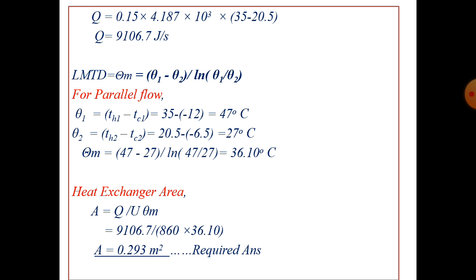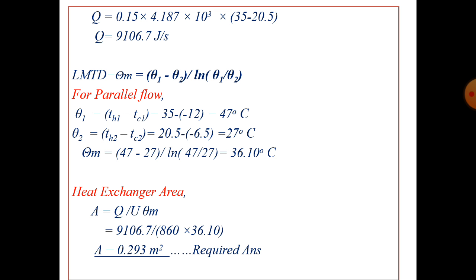Now we need to find theta m in order to get the area A. For theta m, we have the formula theta 1 minus theta 2 upon ln theta 1 upon theta 2. As we discussed, for parallel flow, theta 1 is nothing but Th1 minus Tc1 and theta 2 is nothing but Th2 minus Tc2. We know the values of Th1, Tc1, Th2, Tc2. Let us put them in this formula.